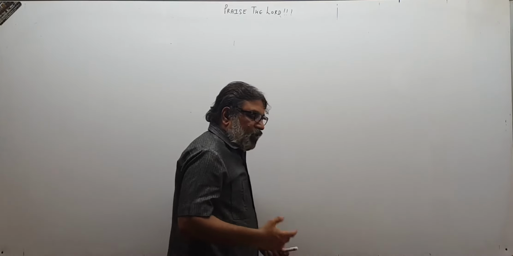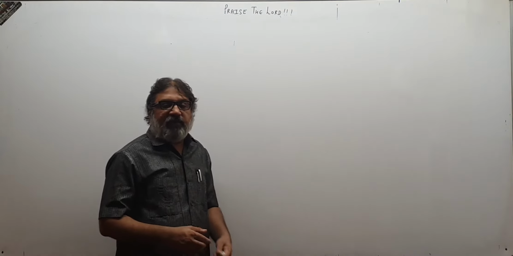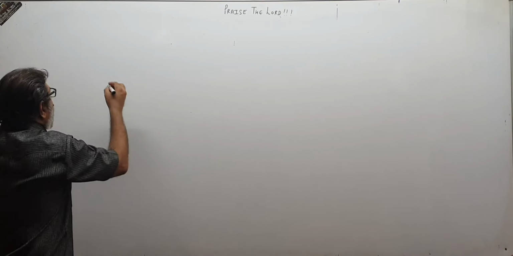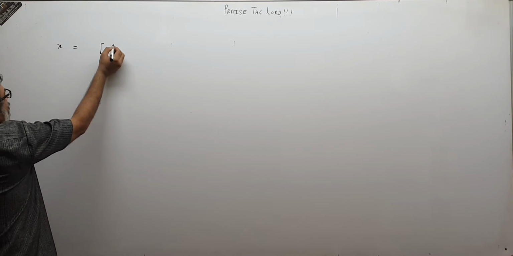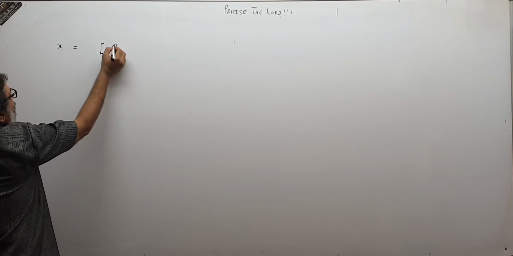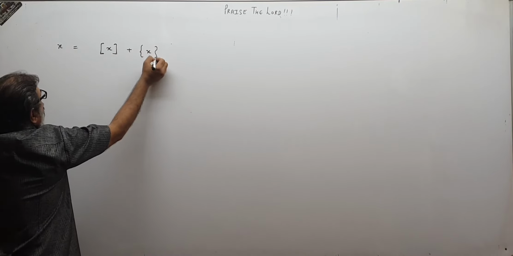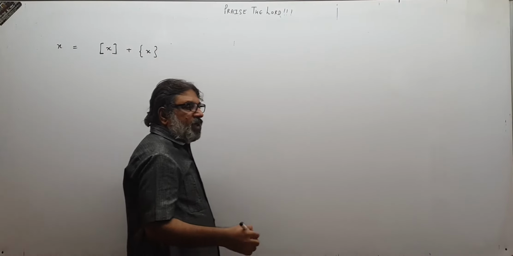Then children, you need to know about integer part of a number and fractional part of a number. See children, you have to understand that every real number is made up of two parts. Integer part we write in square brackets like this, and fractional part we write in braces like this. So every number is made up of two parts.